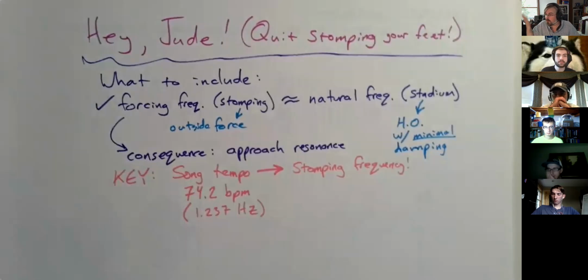If you remember to tell me that there's minimal damping, in order for us to really consider resonance as a possible plausible explanation, we have to kind of downplay the damping. And by the way, I don't have a good explanation for why there would be minimal damping other than buildings tend to be designed to prevent this sort of motion, especially stadiums, right?